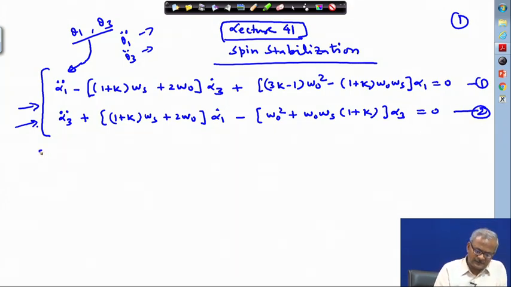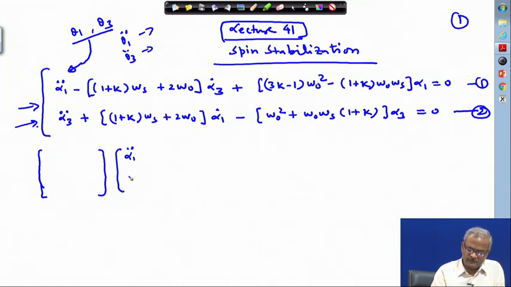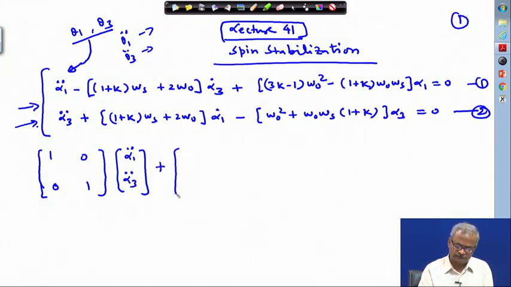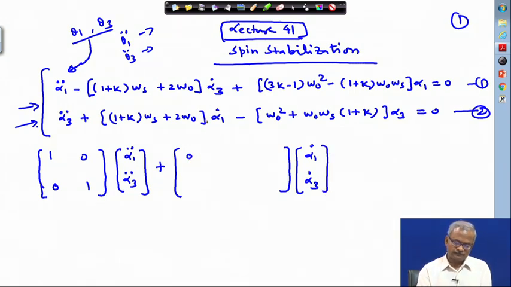Let us first write it in a matrix format, so that we can discuss a few things. Okay, the first term, alpha 1 double dot and alpha 3 dot, for the first equation we can write this.